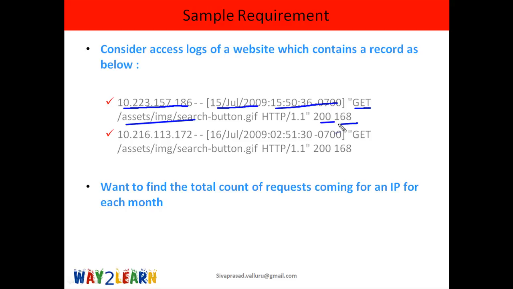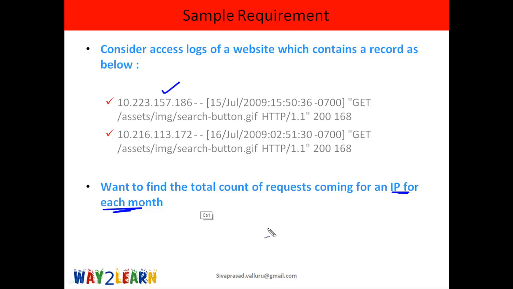Now what I want to do is find the total count of requests coming for an IP per month. For this IP, there might be some 2000 requests coming in January.